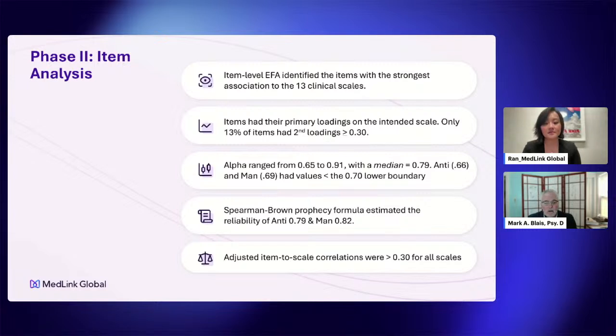Under those circumstances, the antisocial scale would have a reliability of 0.79, and the manic activation scale's reliability would be up to 0.82. All of the adjusted item to scale correlations were above 0.3, which again is considered the lower boundary. So the item level functioning of the test was quite sound.